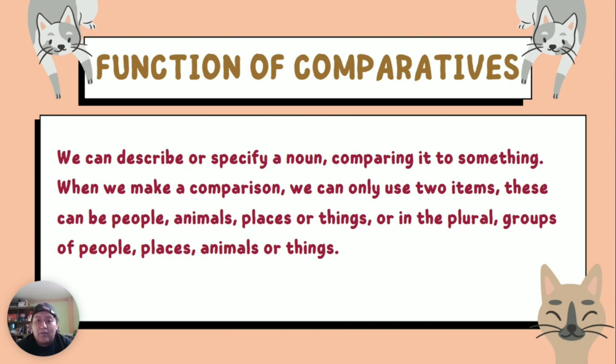When we make a comparison, we can only use two items. These can be people, animals, places, or things, or in the plural, groups of people, places, animals, or things.